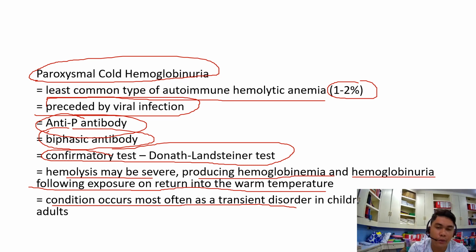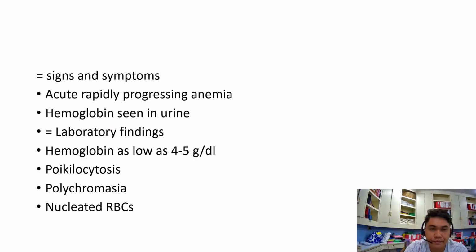And same with your cold agglutinin disease caused by IgM, paroxysmal cold hemoglobinuria is also a transient disorder. Okay, but it is more serious than your typical cold agglutinin disease caused by IgM, because this one you're producing IgG, which is capable of reacting at cold and at warm temperature.